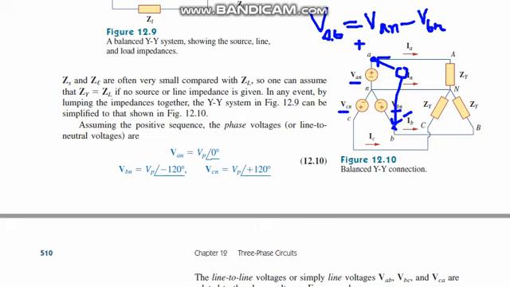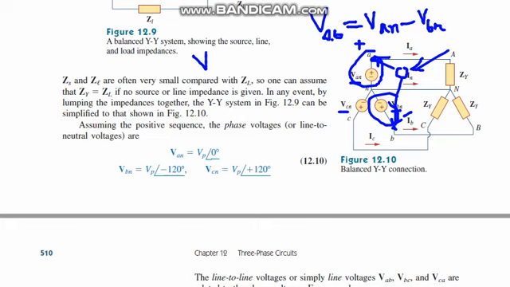Why can we write this? That is a very simple notation fact. If we take the difference between two line to neutral voltages, we can find the voltage between these two. That is the basic idea.